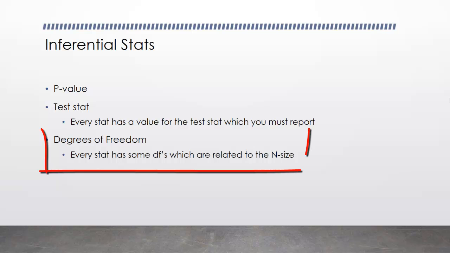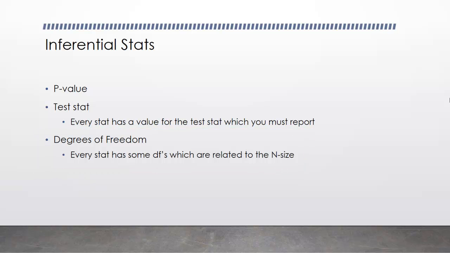And every test stat has what are known as degrees of freedom, often represented by DFs, and it's sort of related to the n size, and they can vary depending upon your experimental design and what kind of test stat you use. And so just reporting the n size is not enough. You always need to report the degrees of freedom too. And this is just by convention. These are the basic numbers that are always reported, so I want you to get in the habit of doing that.